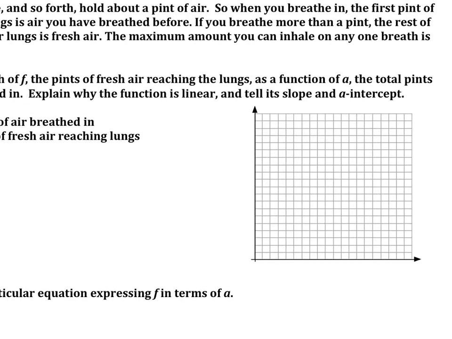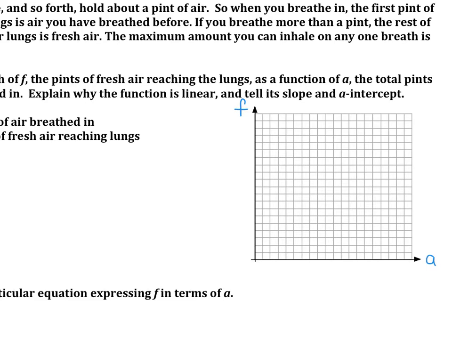We are comparing A, which is the number of pints of air breathed in, versus F, which is the number of pints of fresh air reaching your lungs. We're told that the maximum amount you can breathe in is about 4 pints.